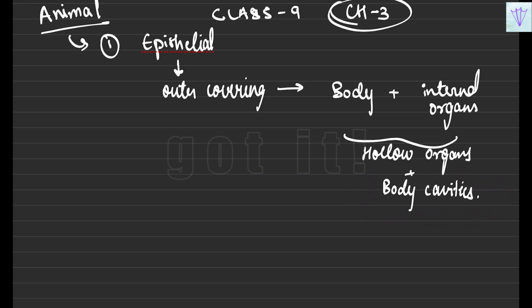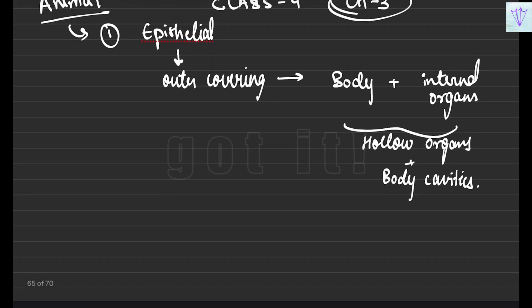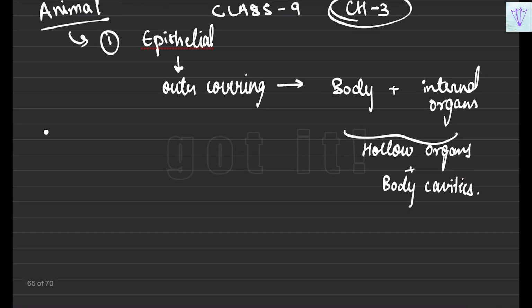So the main general features of an epithelial tissue is what we are going to study. The first one is it has closely packed cells. So there will be little intercellular space between the cells, that is, cells are tightly joined.